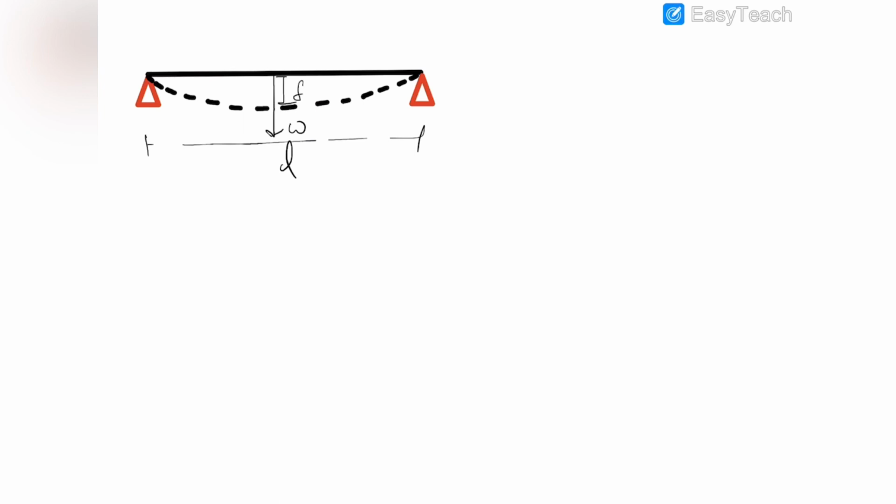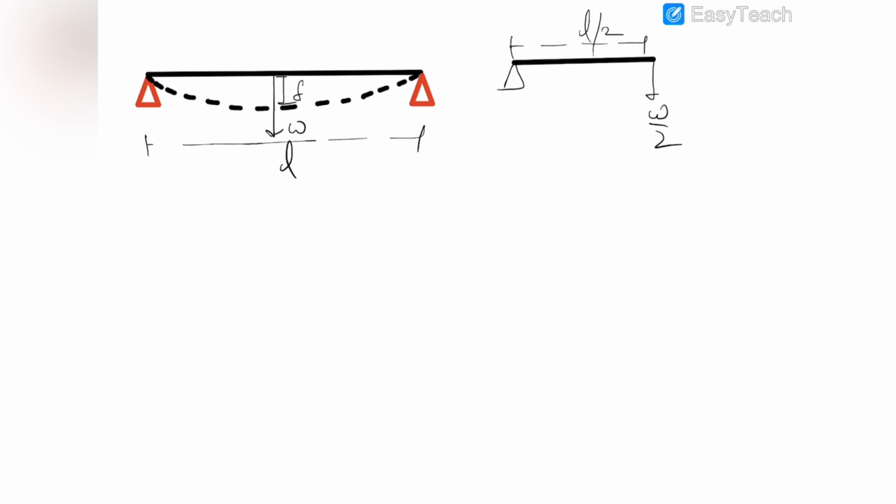We can assume that this is one cantilever which is having a hinge here, and its weight would be W by 2, obviously. We are talking about half part, and its length will be L by 2. And for another similar cantilever, the depression will be the same. So you can find this depression by either of them.